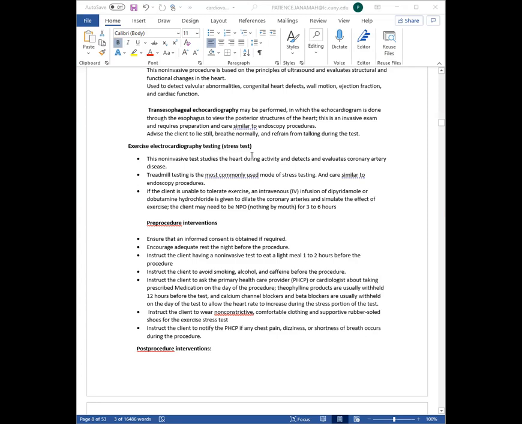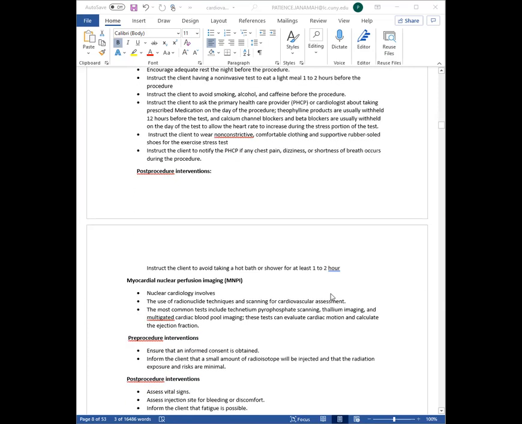If you don't know what the stress test is, how do you teach this patient? How do you correct this patient's misunderstanding? Because the patient is not going to sit on the machine to have it move up and down. The patient is going to have to do some kind of running activity to have the heart move, and then they check the heart rate to see how the heart is racing. So these are things that you need to know to be able to educate the patient. That's why I'm spending time on them.